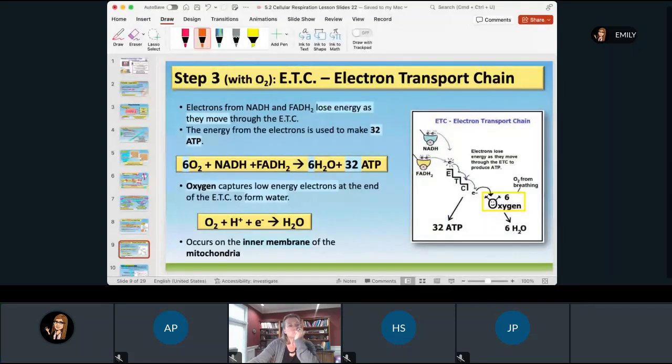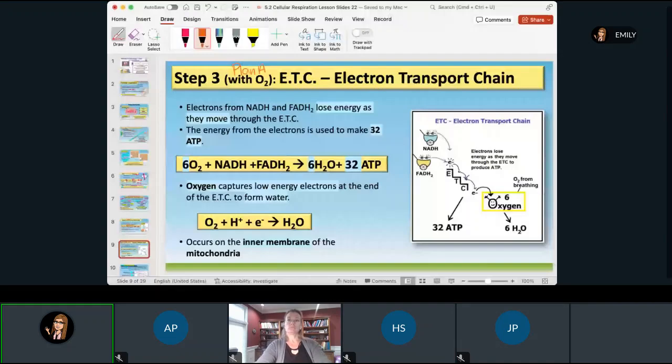So, assuming that we still have oxygen, we have step 3. Okay, and step 3, again, this is still plan A. Step 3 is the ETC, or the electron transport chain. Okay, so this is where the magic happens.